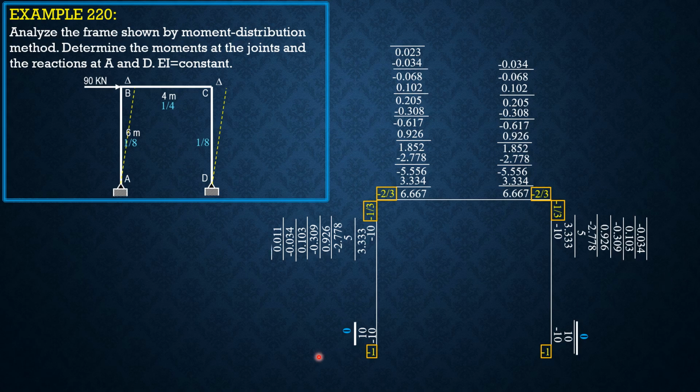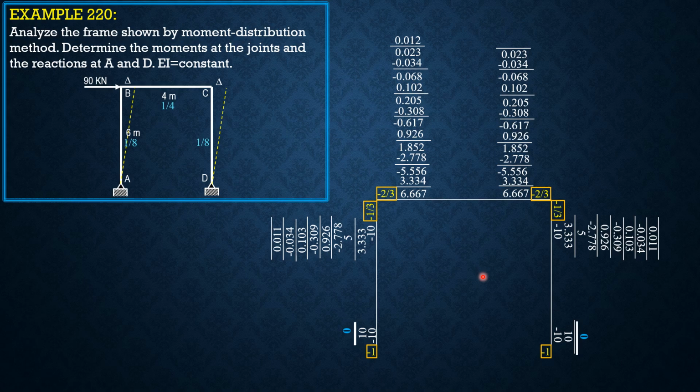So moment A is 0. Adding these moments, moment BA is negative 3.752. Moment BC is positive 3.752 by adding these moments. So this is also 3.752. Adding these moments, negative 3.752.